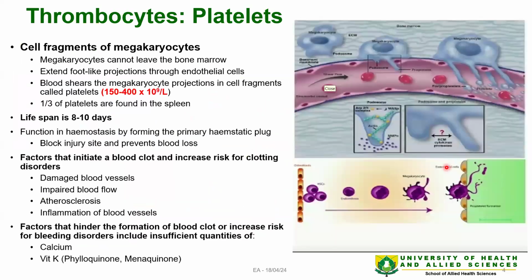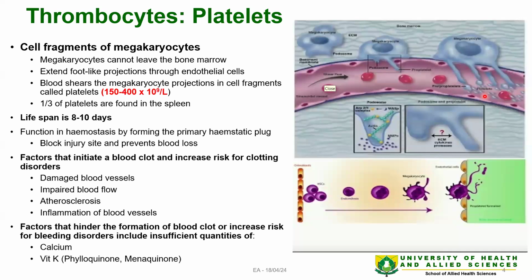So over here, we can see the megakaryocyte as it has expanded in its size and all that. It produces some pseudopods which are able to penetrate the blood vessels. And when they penetrate the blood vessels, as these pseudopods are hit by the force of the flowing blood through the blood vessels, it breaks off the pseudopods into small plates.